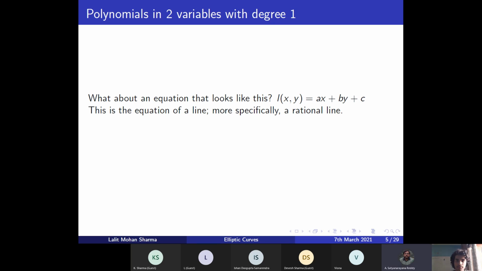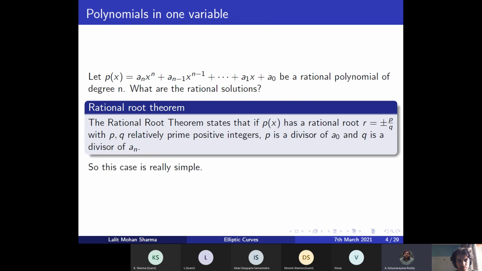Can you go back? Let us see, we'll ask a few questions. How do you show that p is a divisor of a naught, someone? Yeah, Keshav, go ahead. Basically, we just substitute some rational number, right?